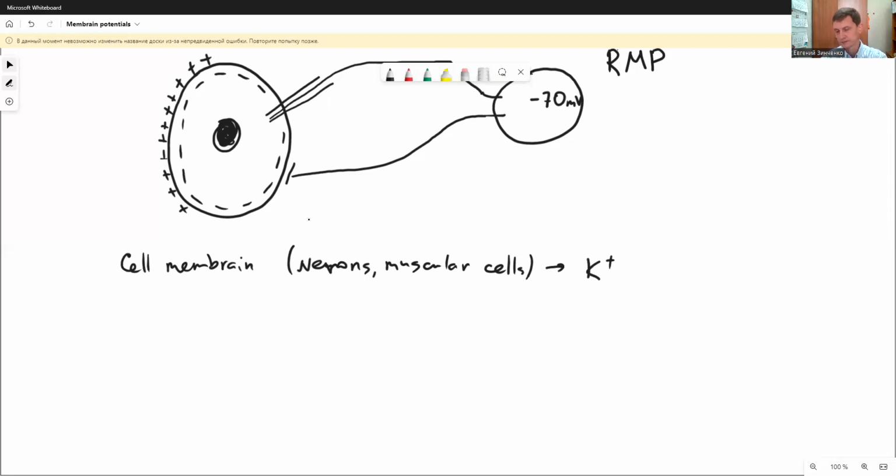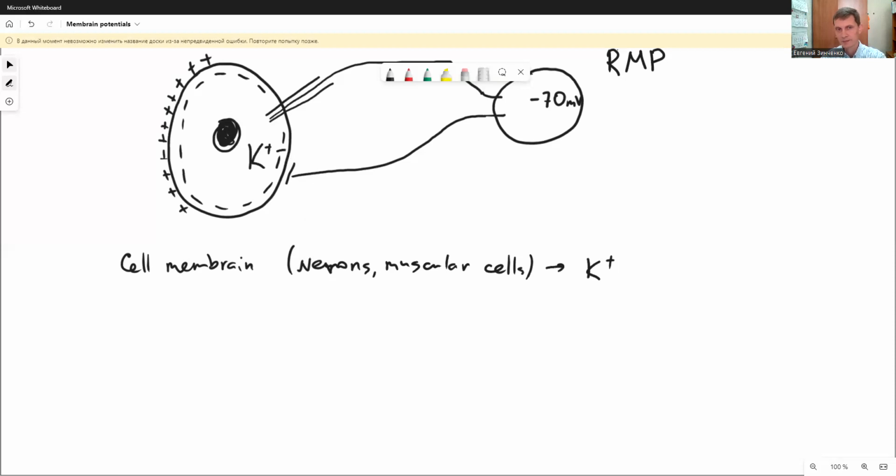It means K+ ions without any problems can pass through the membrane in the direction of their own concentration gradient. In the resting period, the cell collects K+ inside.